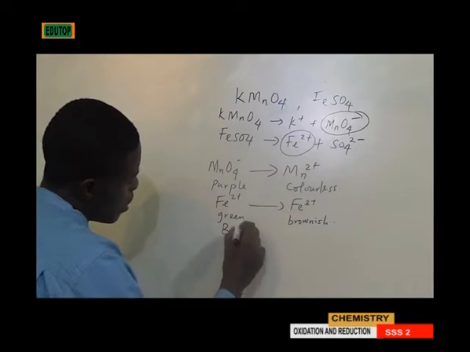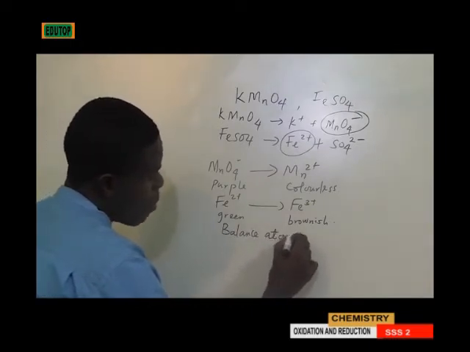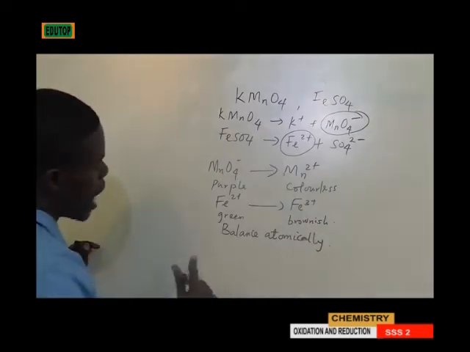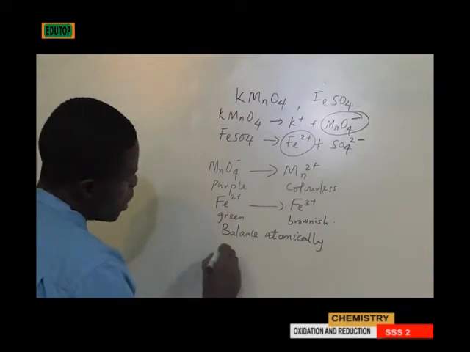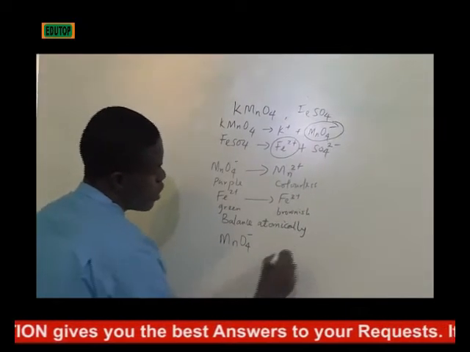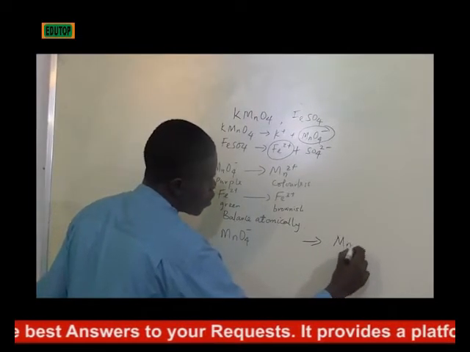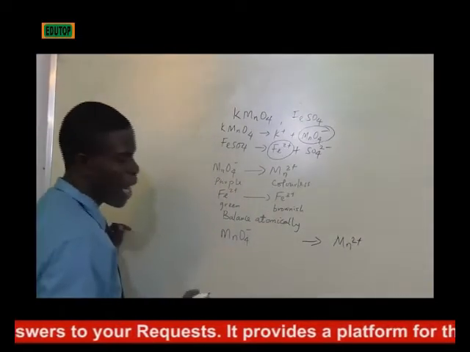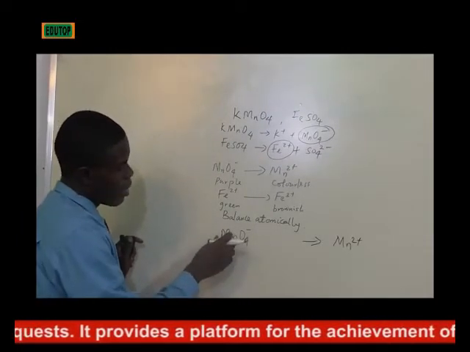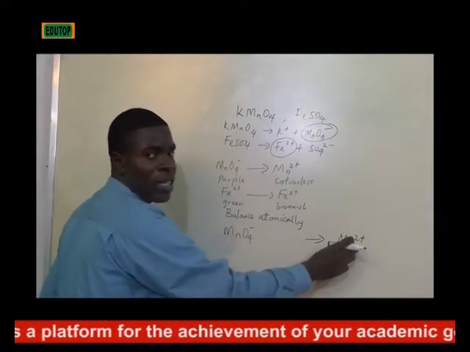Balance atomically. We want to balance atomically now. First and foremost, we write the ion here going to Mn2 plus. To balance atomically, it is evident that manganese 1 is here and manganese 1 is here.